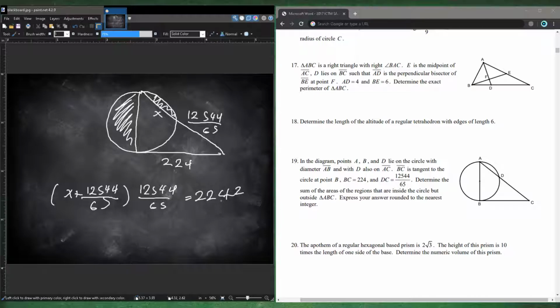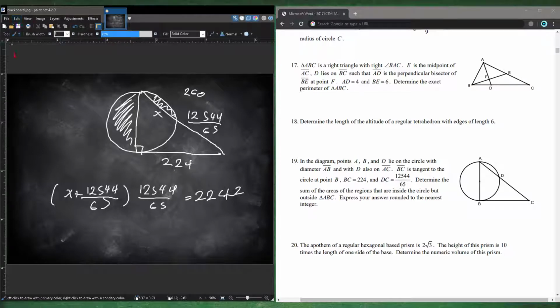That's just a property of tangents and secants. So 224 squared times 65 divided by 12544 equals 260. So this entire side length is 260, right? Because we don't need to really find x. We just need to find this hypotenuse, and that's 260.